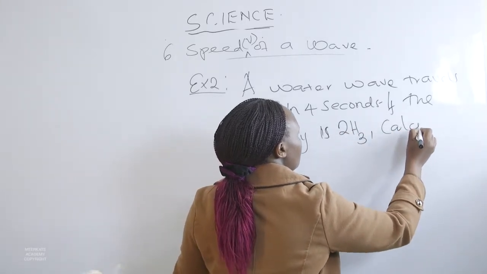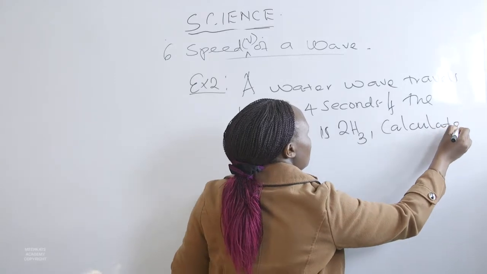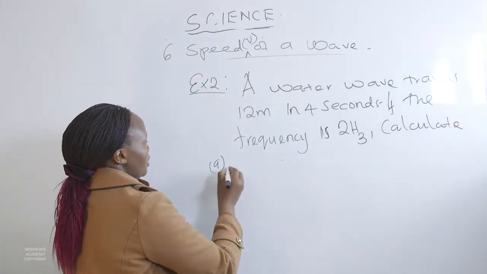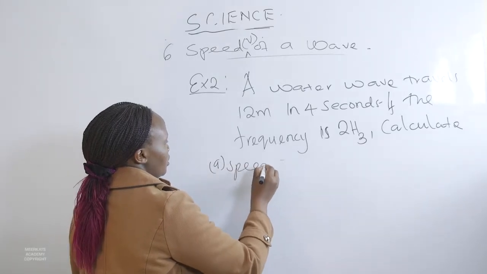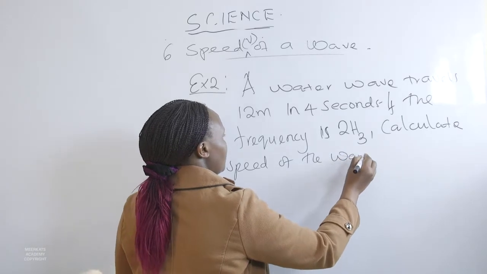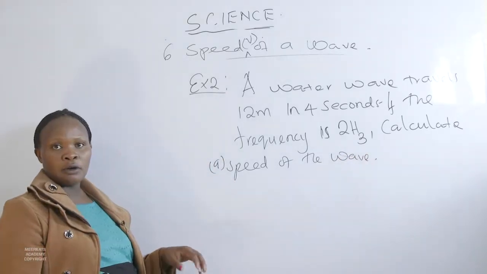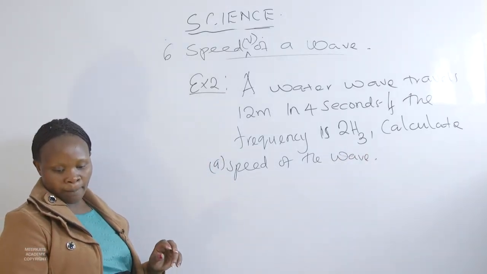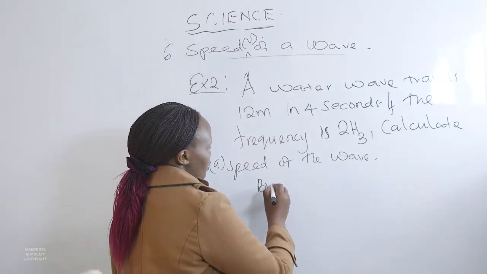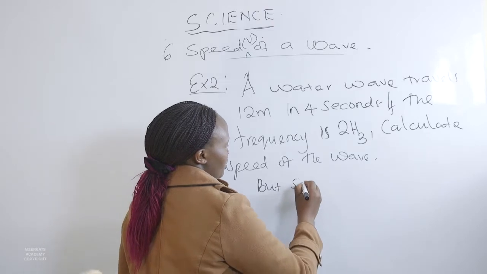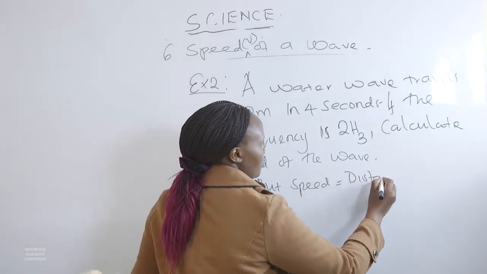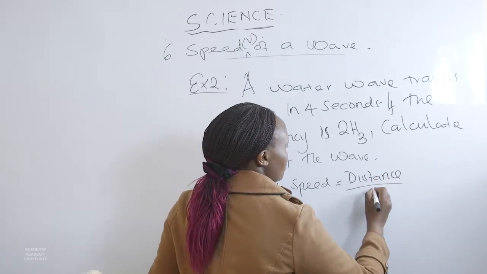then we are required to calculate, number 1, the speed of the wave. But speed is given by distance over time.